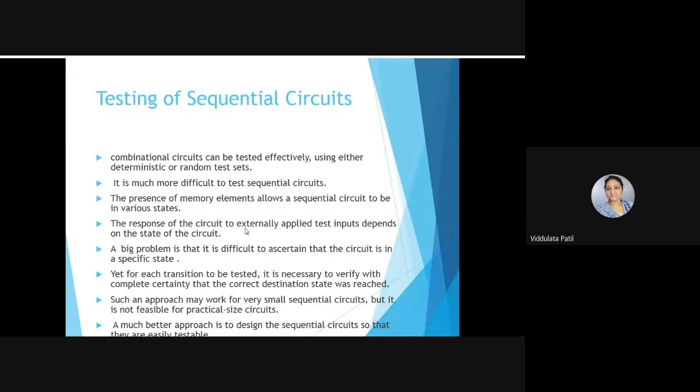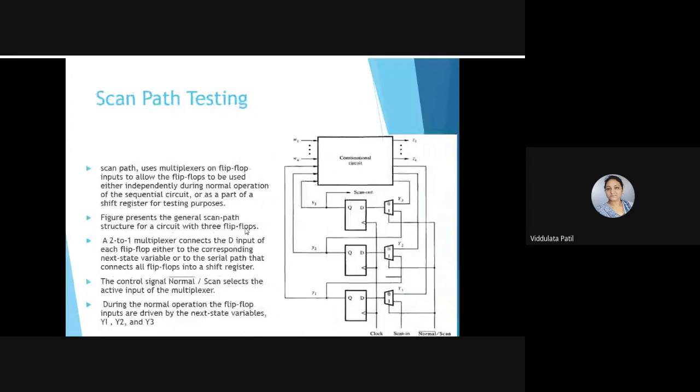The first testing method that we are going to study is the scan path technique. Here you can see a diagram in which we have a combinational circuit, then multiplexers and flip-flops.